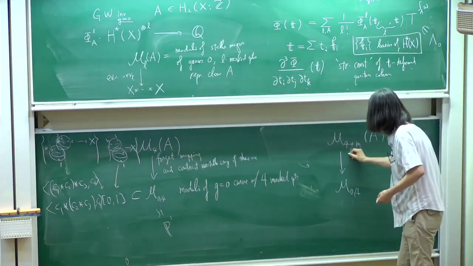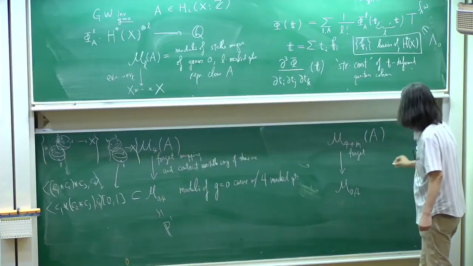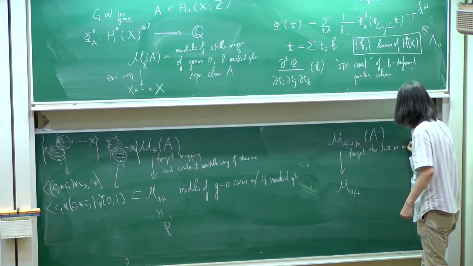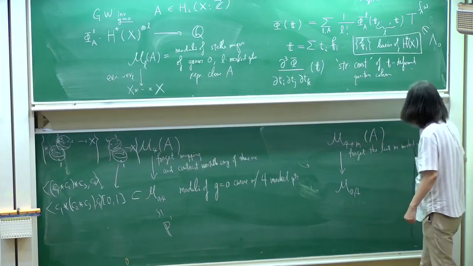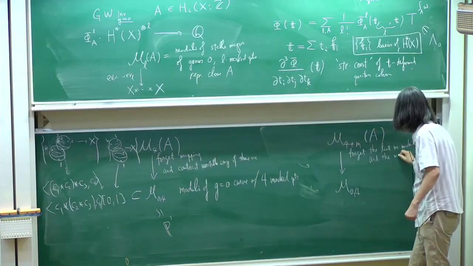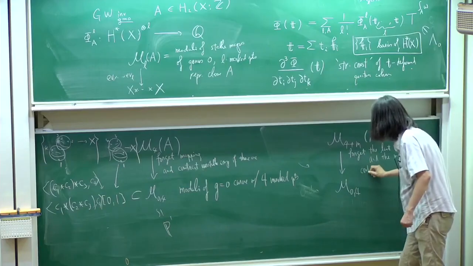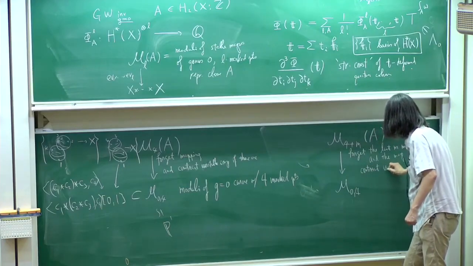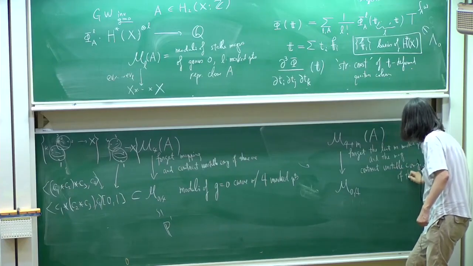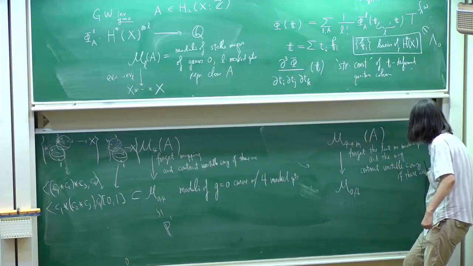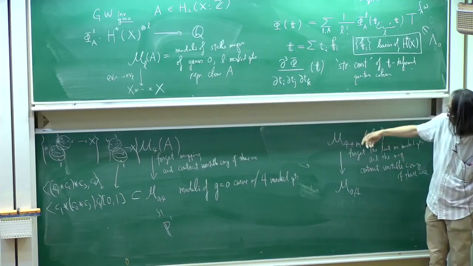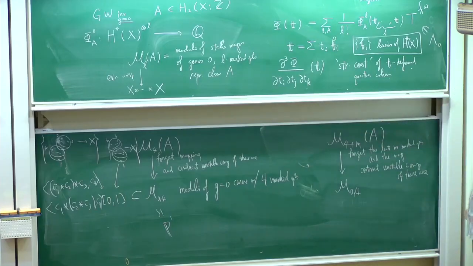So this is: first forget the last M marked points, and the map, and contract an unstable component if there are any. And then you have this. You just forget the last M marked points and then do this.